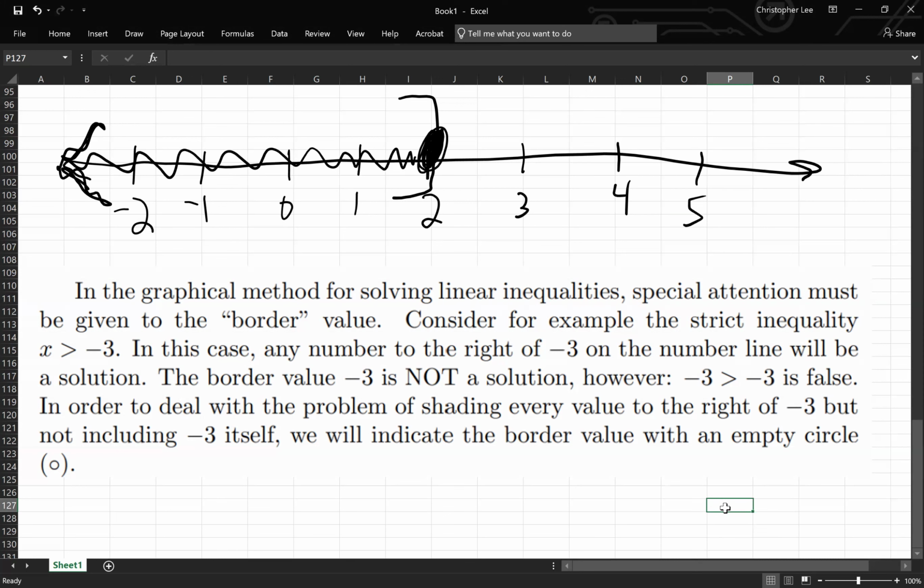The border value, -3, is not a solution. However, -3 greater than -3 is false, right? In order to deal with the problem of shading every value to the right of -3, but not including -3 itself, we will indicate the border value with an empty circle, like O or whatever, right?